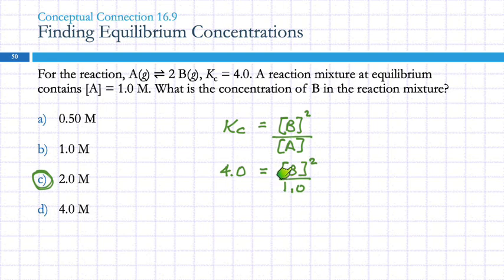If the concentration of B is 2, 2 squared is 4, divided by 1 is equal to 4. Does that make sense? Any questions about that one?